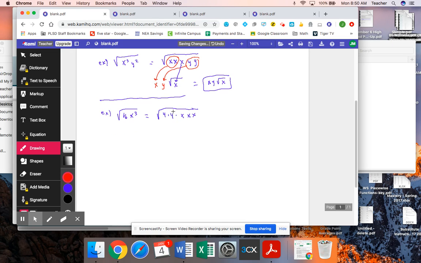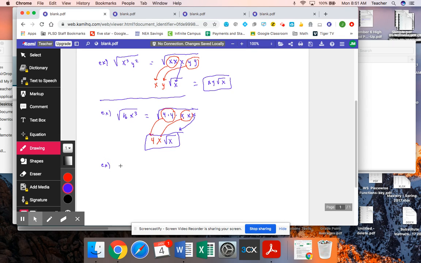Since it's the square root, I'm looking for pairs. So there's a pair, there's a pair. Every time I have a pair, I can pull out one of those items. It represents a 4 on the outside and an x on the outside. And I still have this x on the inside. So this would be simplified.